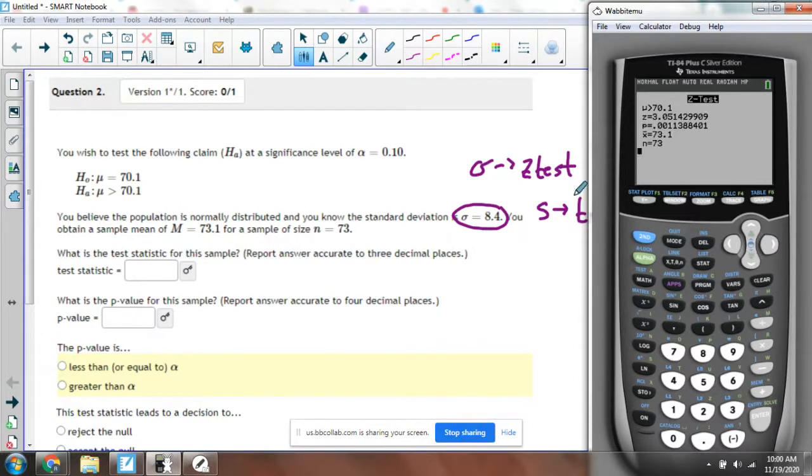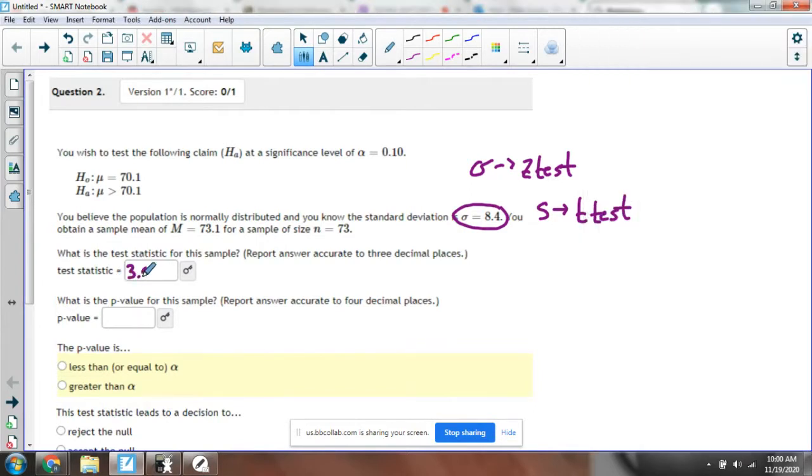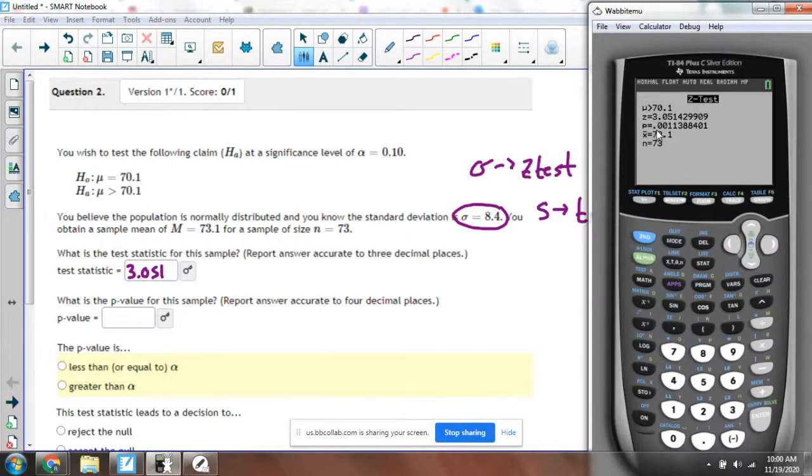We get a bunch of stuff. The first thing we get is the test statistic, which is the z-score: 3.051. And then our p-value is 0.0011.